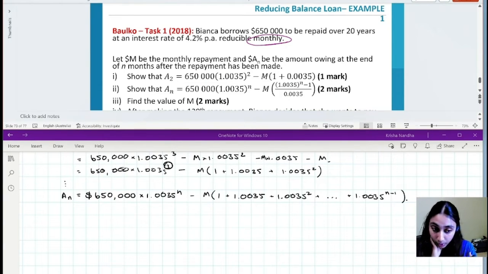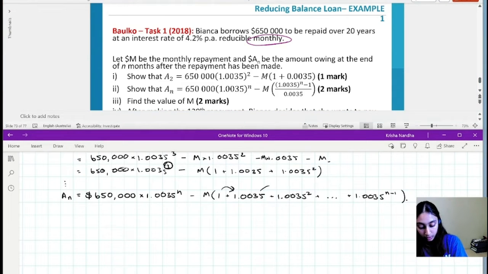And the thing that we need to notice is that we have a geometric series at hand. You can see that each time we're multiplying by 1.0035.